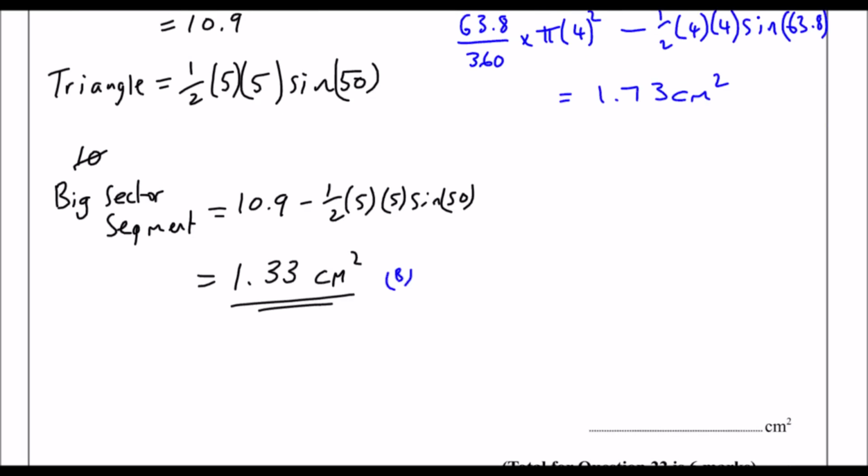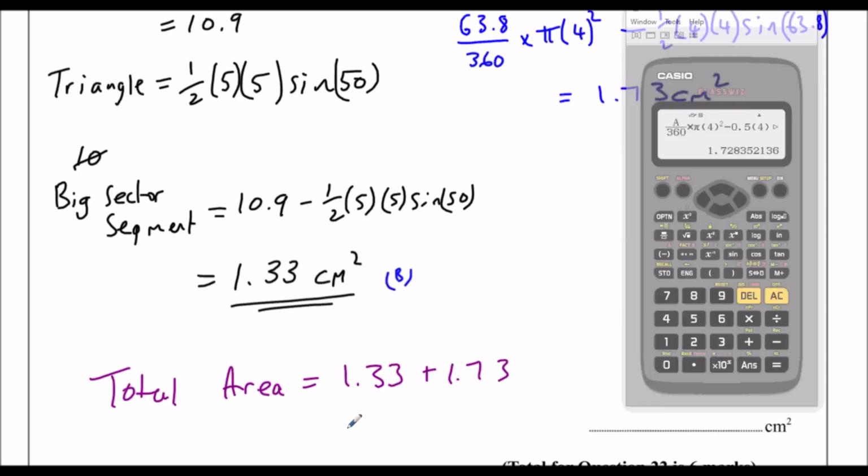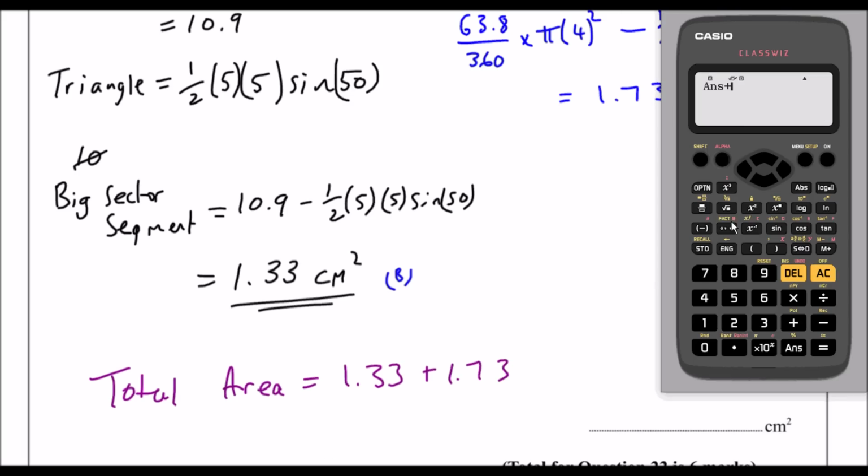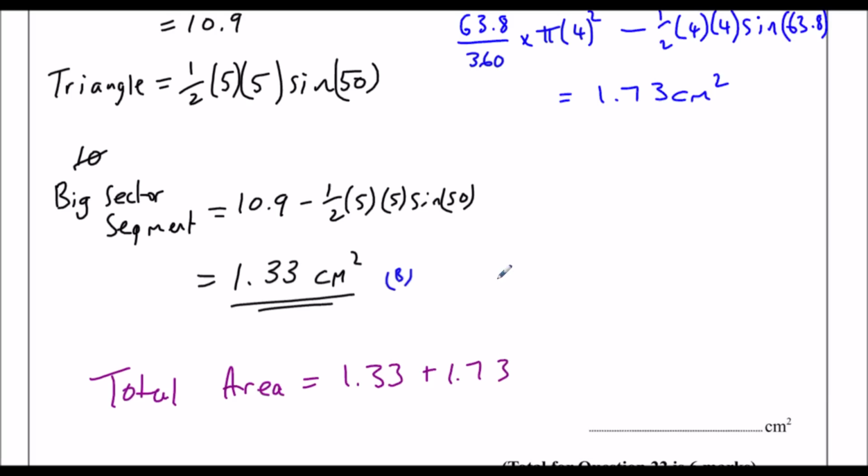So the total area is our 1.33 plus our 1.73. That's answer plus the B we stored in the calculator, 3.06. So 3.06 centimeters squared.